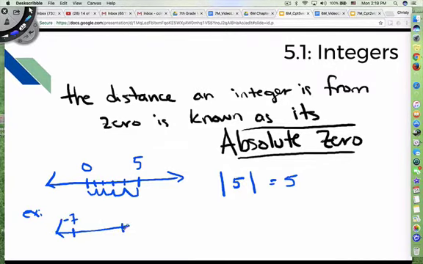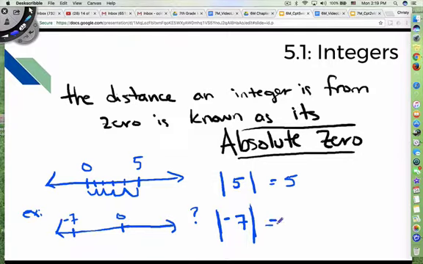Another example, let's say that we are at -7. Here's 0. This is what the question will look like. It'll say, what is the absolute value of -7? I'm not writing out what is the absolute value, because this is what it means. These bigger lines, you really want to make sure it's very clear that they are bigger. The absolute value of -7 is how far away is -7 from 0?